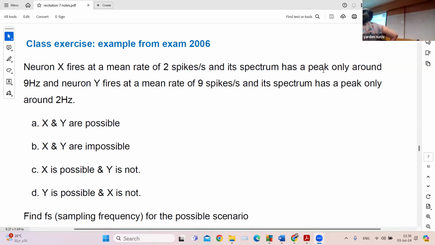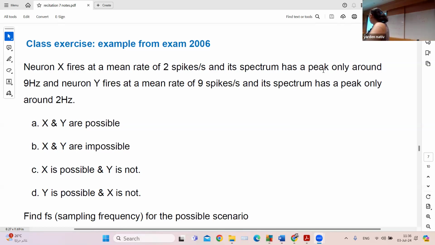So look again. Why? So you need to think, the next question is what could be the sampling rate?